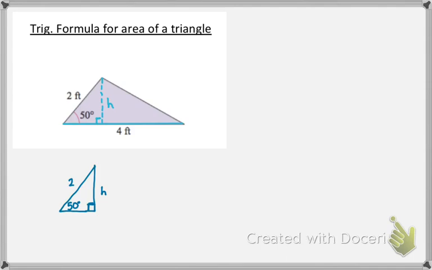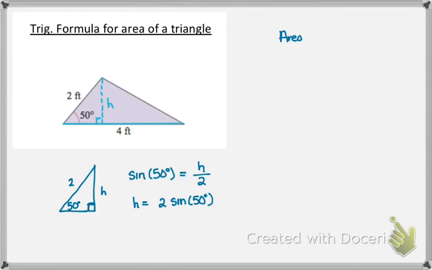So opposite over hypotenuse, we're going to use sine. So I'm going to say that the sine of 50 degrees is equal to opposite, which is the height, over the hypotenuse, which is 2. And so the height is simply 2 times the sine of 50 degrees, and then I can put that into my calculator. And so once I have the height, then I can use my formula.